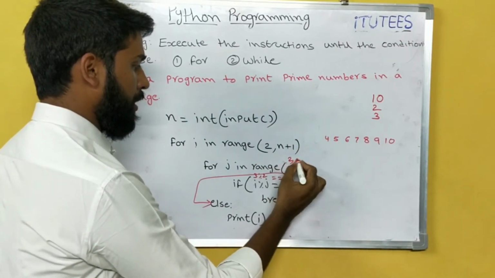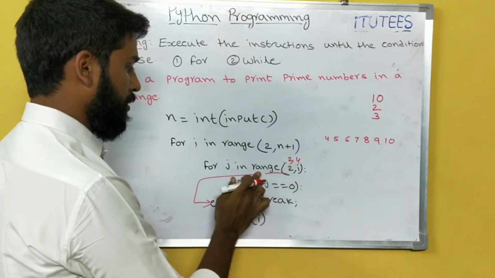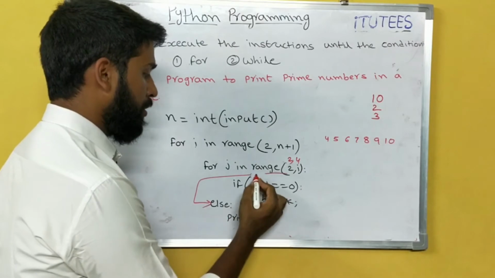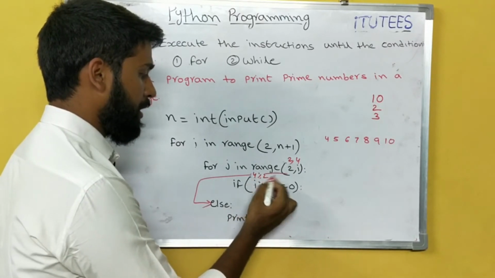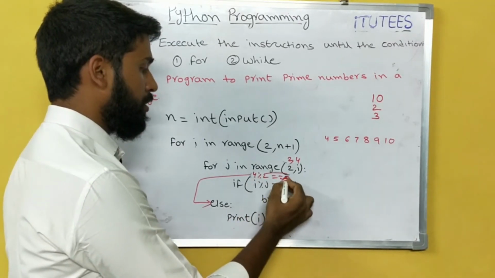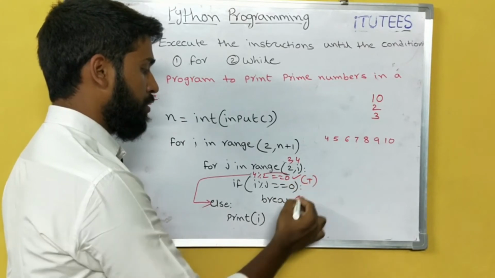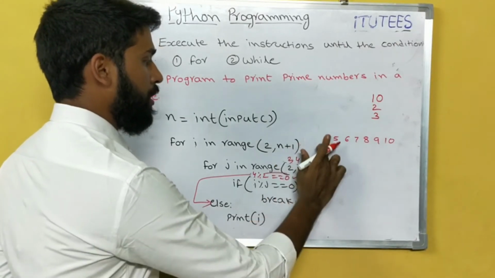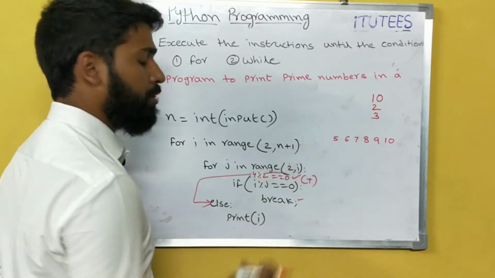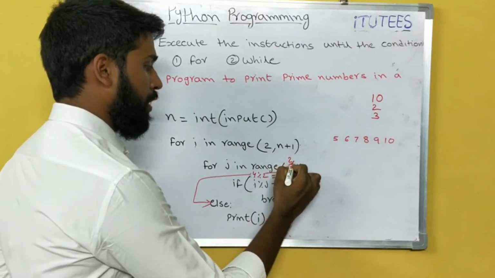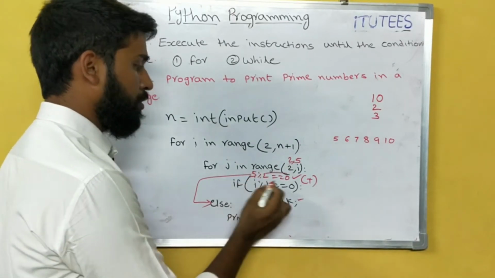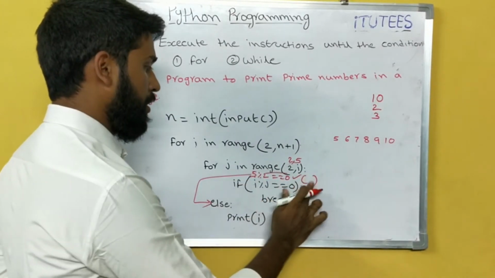Range 2 comma 4. j value 2, i value 4, 4 % 2 equals 0. Yes, it is true. So break. That means the control goes out of the loop. Now the i value equals 5. Range 2 comma 5. 5 % 2 equals 0?